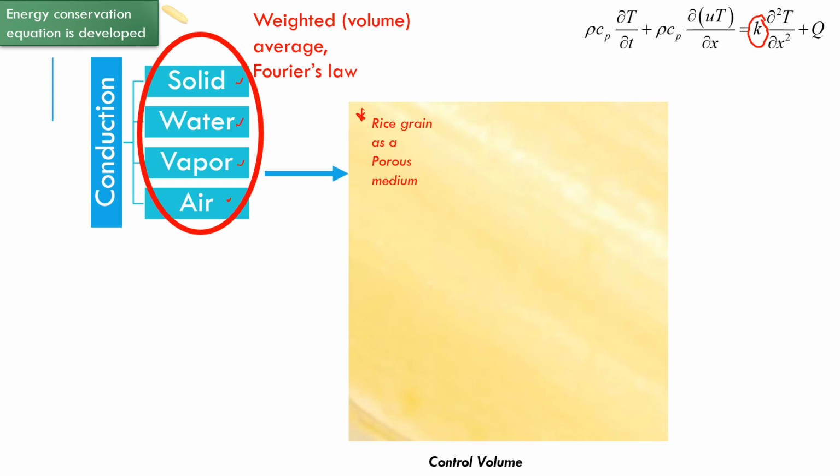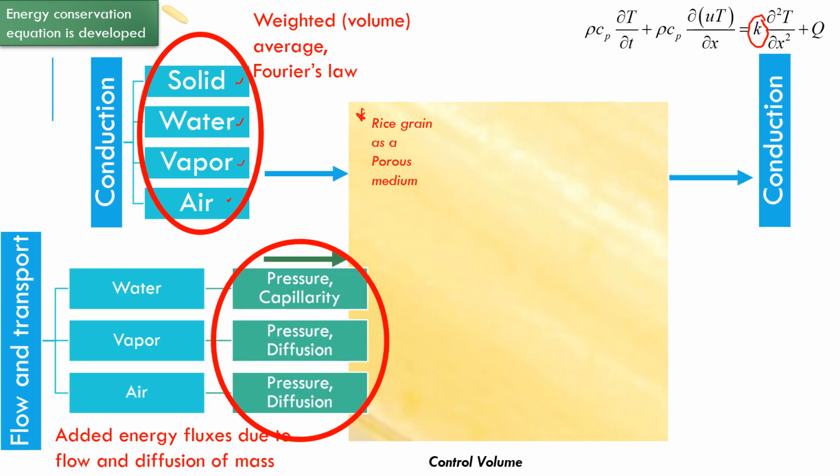Now the transporting fluid also carries energy. So let's look at the fluid phases: water, vapor, and air. Each one can move due to capillarity or pressure driven flow. Likewise for vapor, diffusion or pressure driven.